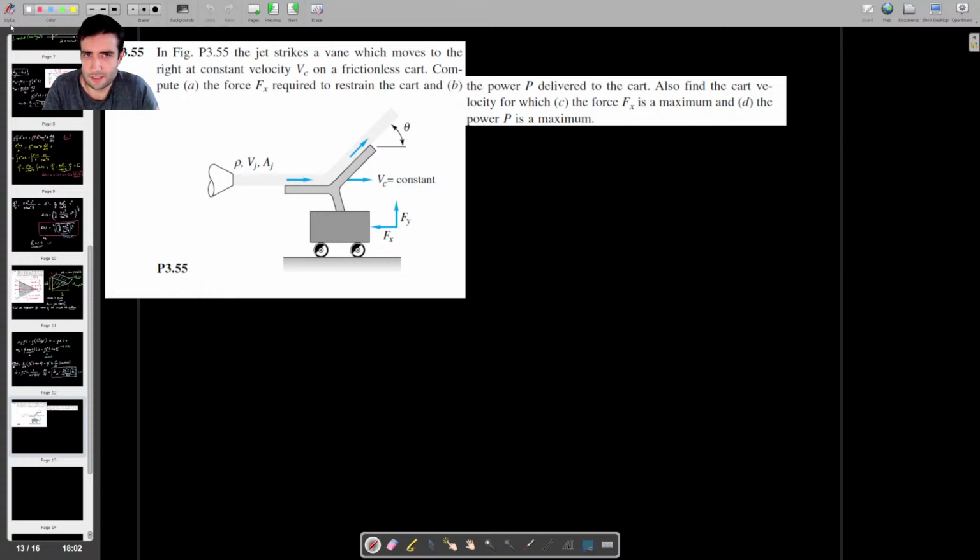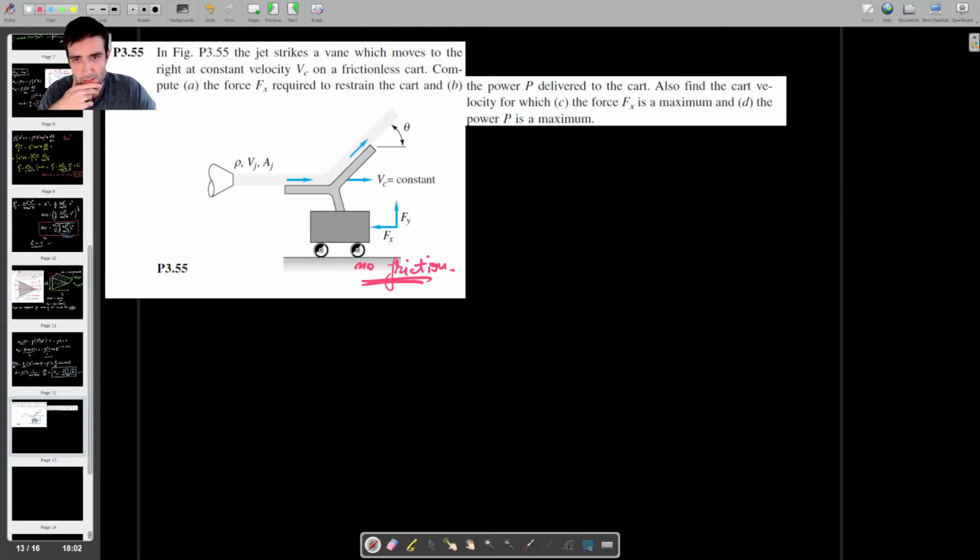Okay, so let's read the question and see how we can start going through it. So we know that in this figure, a jet strikes a vane which moves to the right at a constant velocity vc on a frictionless cart. So frictionless cart basically means that there's no friction between the ground and the wheel. So it's free to move unrestrained.